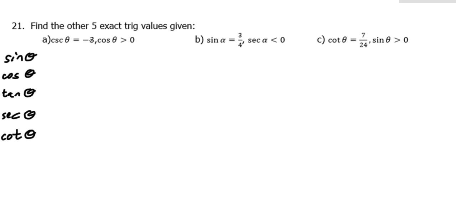So if cosecant is -3, that means, since cosecant is the reciprocal of sine, that sine is -1/3. Then let's figure out what the other side is. So you can think about a triangle real quick. And theta right there.